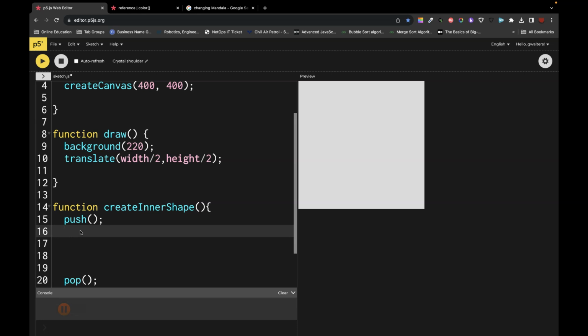So if I draw a rectangle, let's put rect mode, and we'll do center because I want stuff to spin and move around. Now I can start drawing a rectangle.